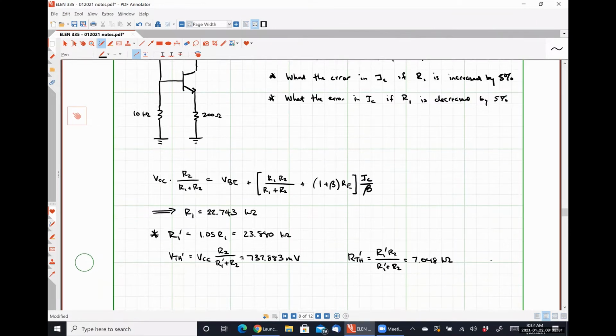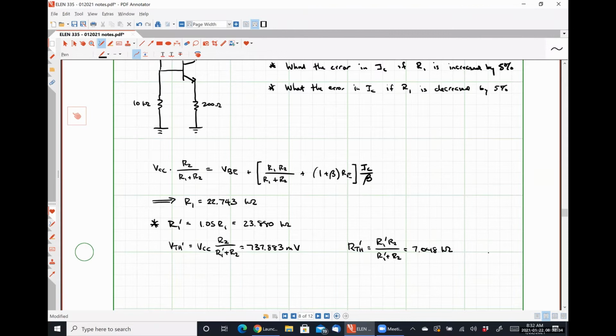If I plug in these values into my equation, that is, VTH prime is equal to VBE plus (RTH prime plus (1 plus beta) RE) over (1 over beta) IS EXP VBE over VT.